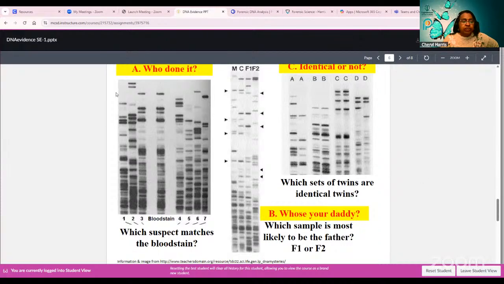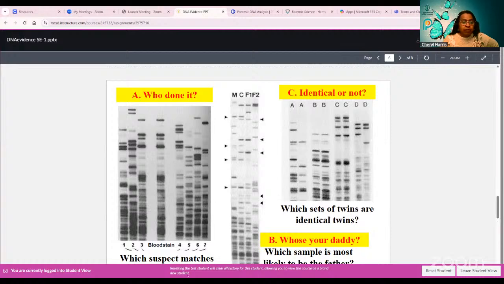So just in this first column right here, we have this blood stain in the middle. And then you have seven different suspects. So you're going to compare the DNA chromatographic picture.